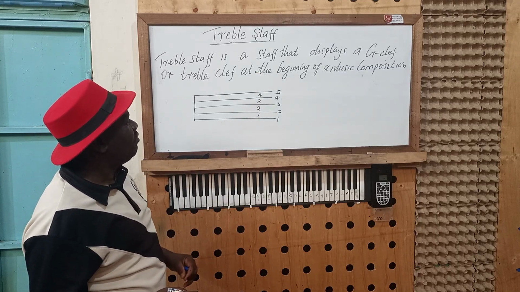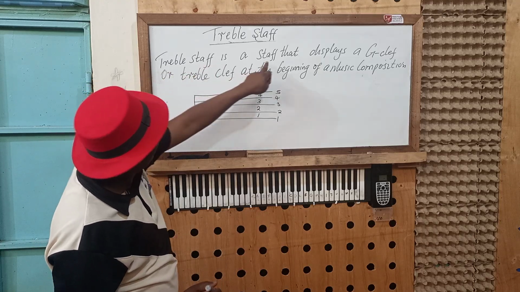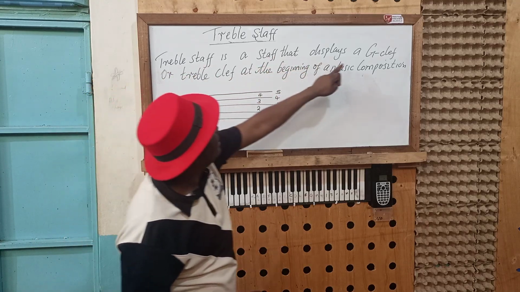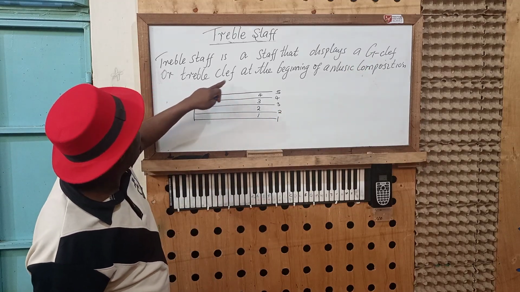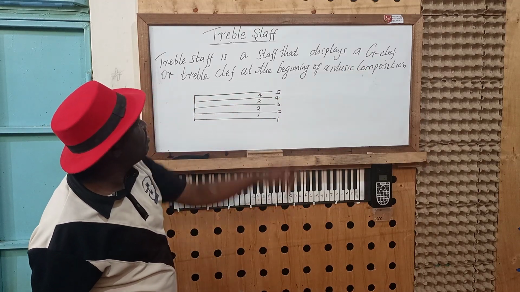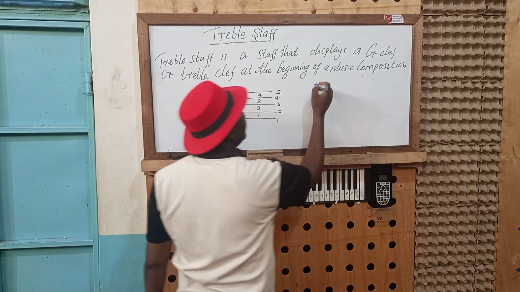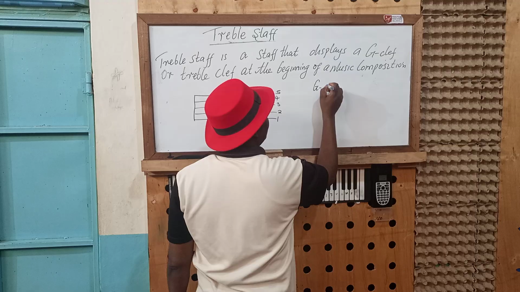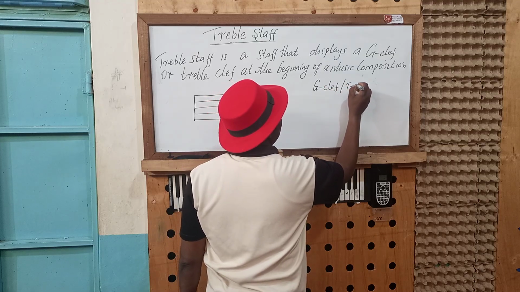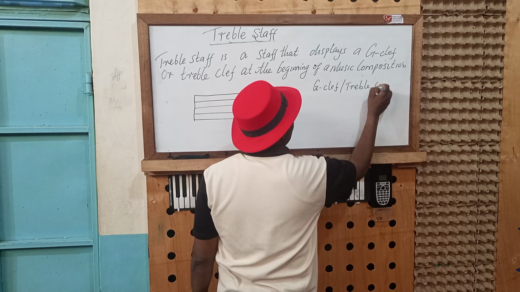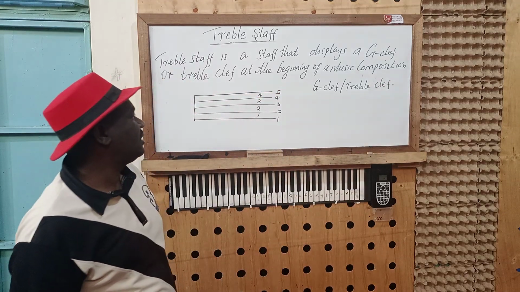Now, from that staff, from this definition, we have said treble staff is a staff that displays a G clef or treble clef at the beginning of the music. Remember, G clef and treble clef is the same thing.